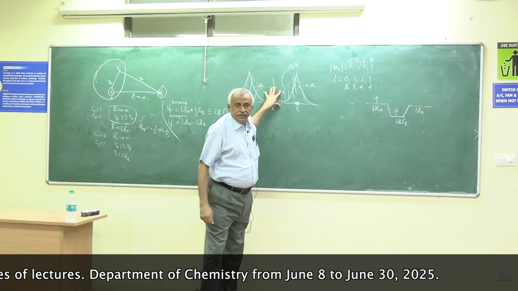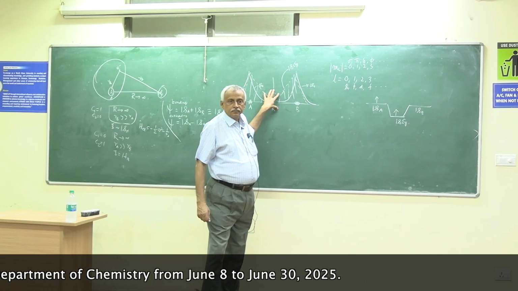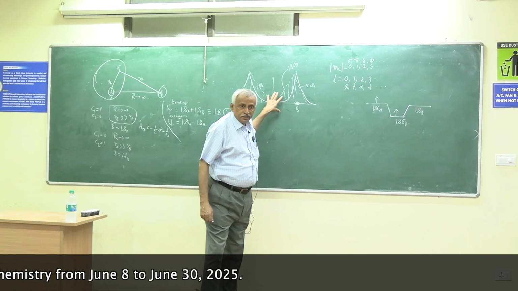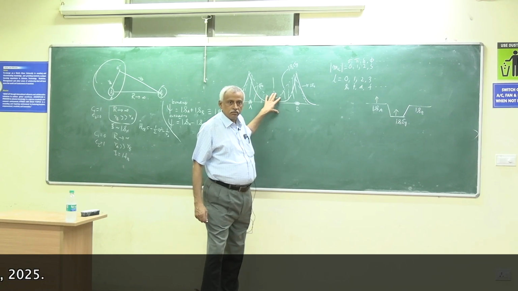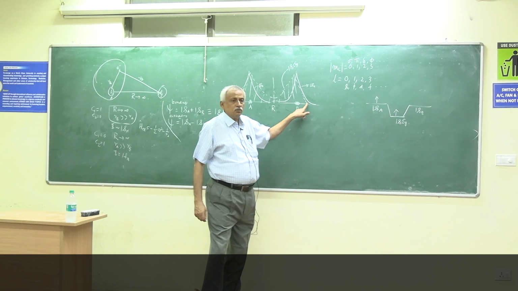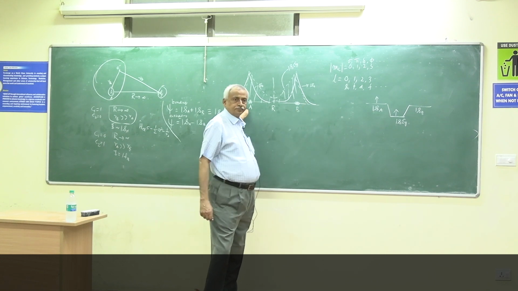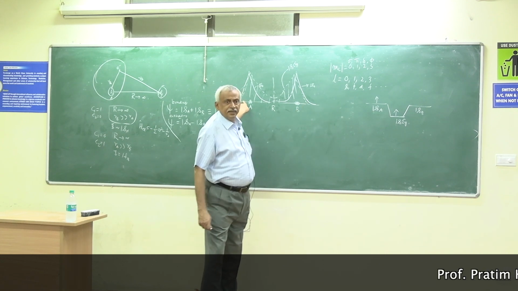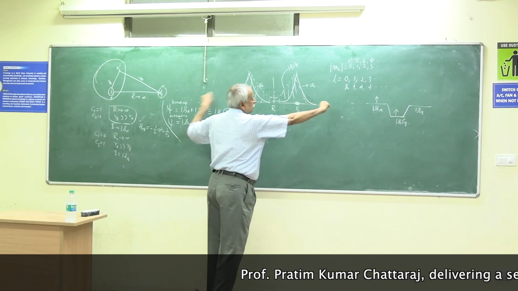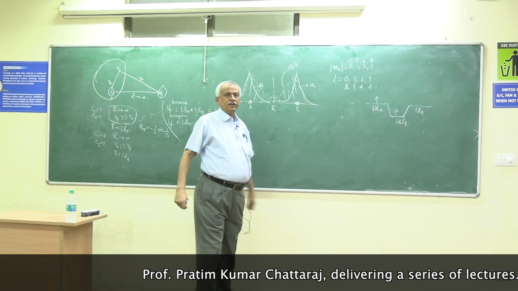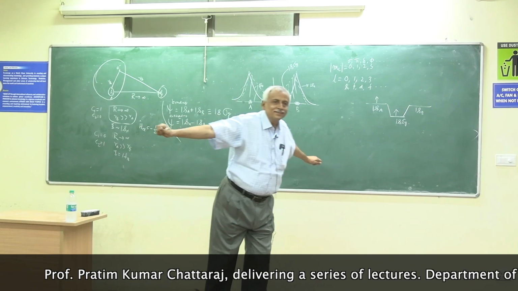If you put extra electron density between the nuclei, that is beneficial for bonding or molecule formation. But if you put extra electron density here or here, that is detrimental, because your electron density will simply attract the nuclei, and that will break the bond.